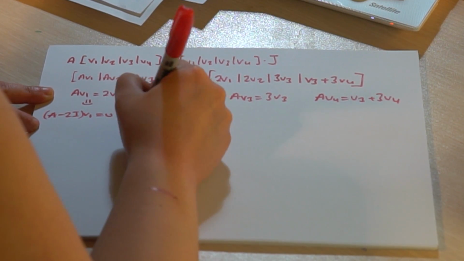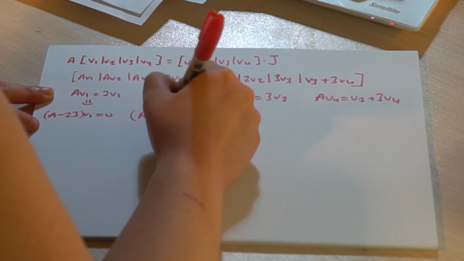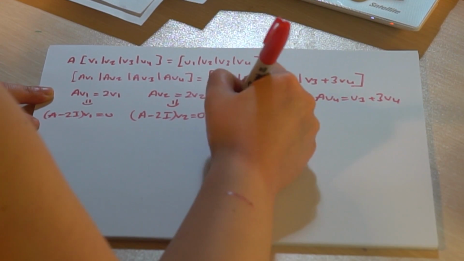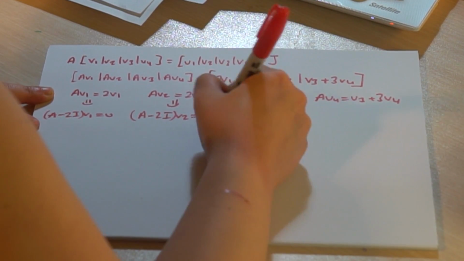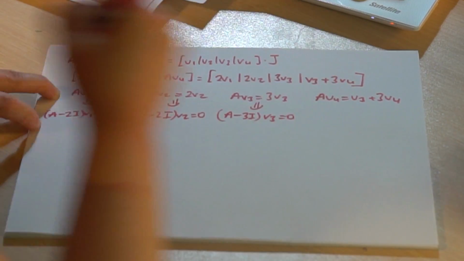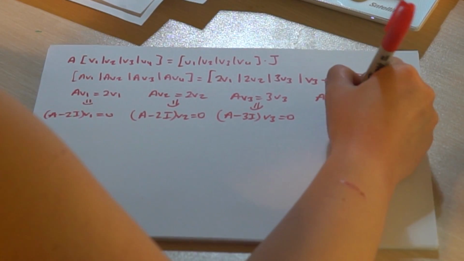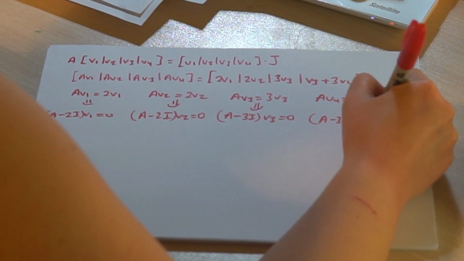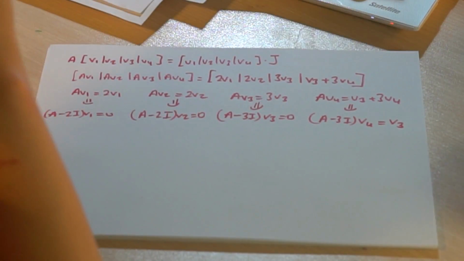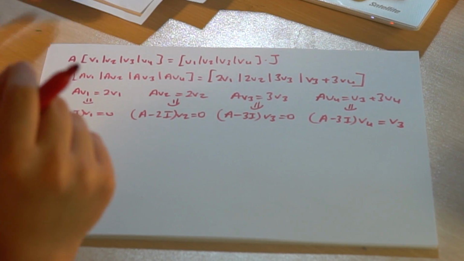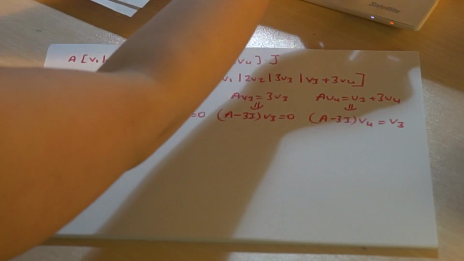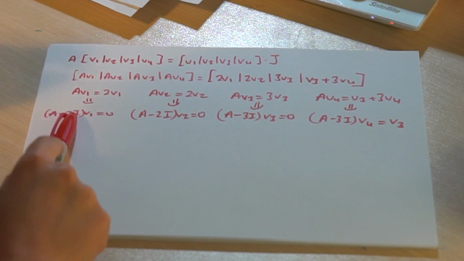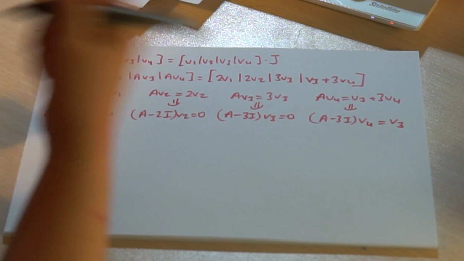This implies that A minus 2I times V2 is equal to 0. This one implies A minus 3I times V3 is equal to 0. And this implies that A minus 3I times V4 is equal to V3. Now we need to solve this first system. Now let's first look at this one, A minus 2I.